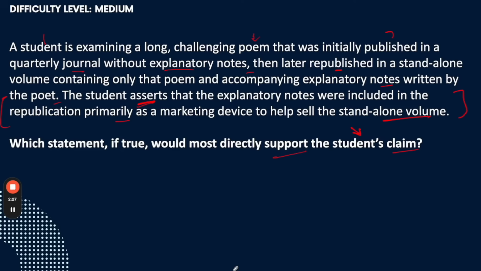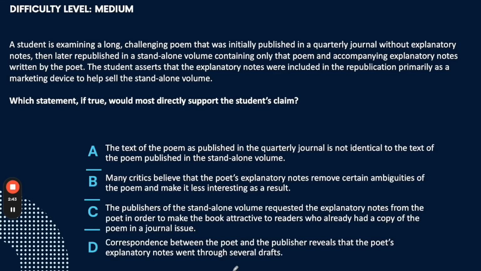Okay, now with this understanding, let's understand what the correct option should consist of. So any option that talks about adding the explanatory notes in order to sell it to more readers or more audience is going to be our correct option. With this understanding, we'll go ahead and start eliminating our choices. A. "The text of the poem as published in the quarterly journal is not identical to the text of the poem published in the standalone volume."